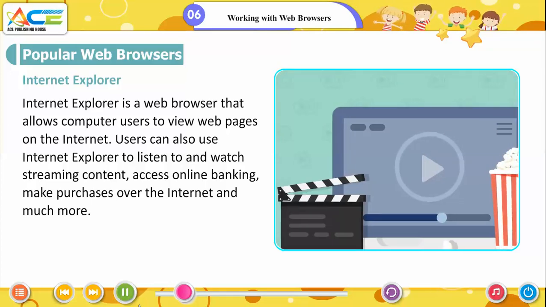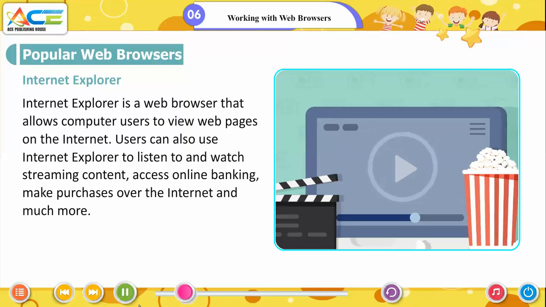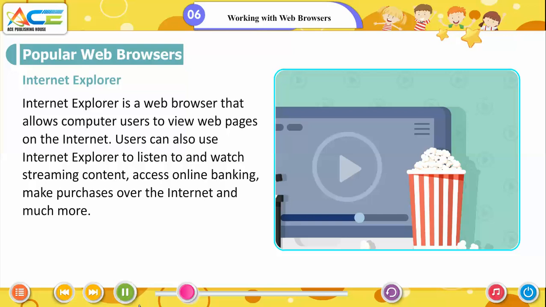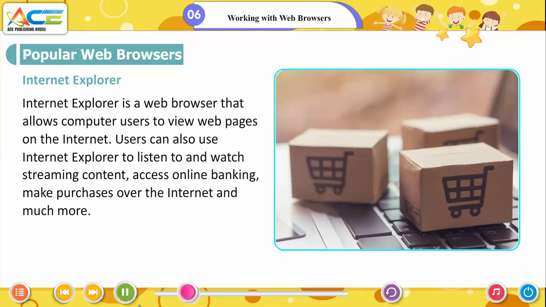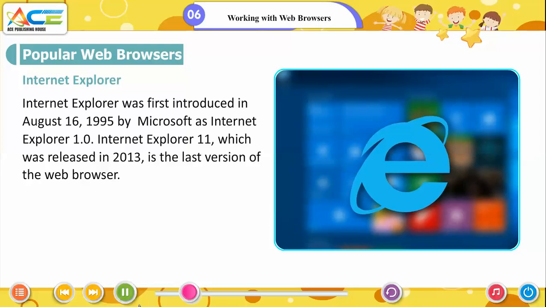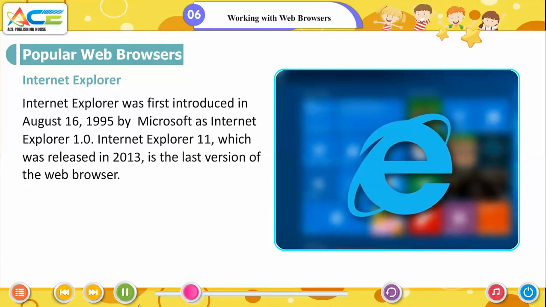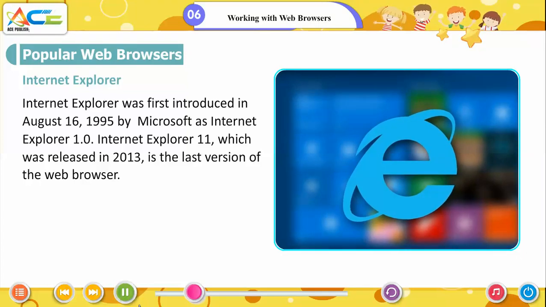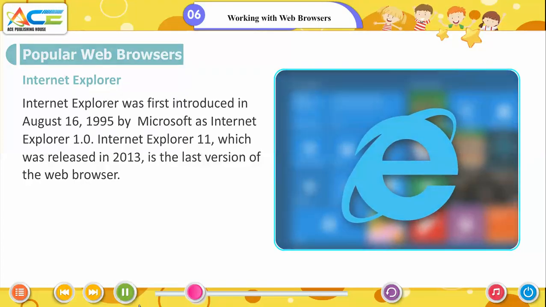Users can also use Internet Explorer to listen to and watch streaming content, access online banking, make purchases over the Internet, and much more. Internet Explorer was first introduced on August 16, 1995 by Microsoft as Internet Explorer 1.0. Internet Explorer 11, which was released in 2013, is the last version of the web browser.